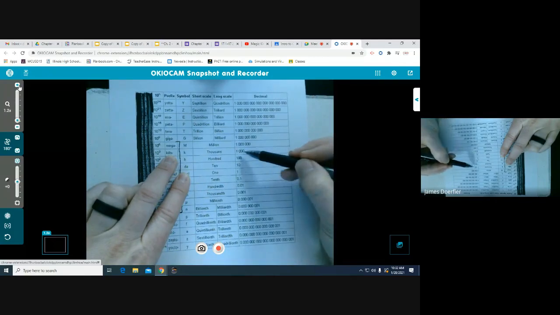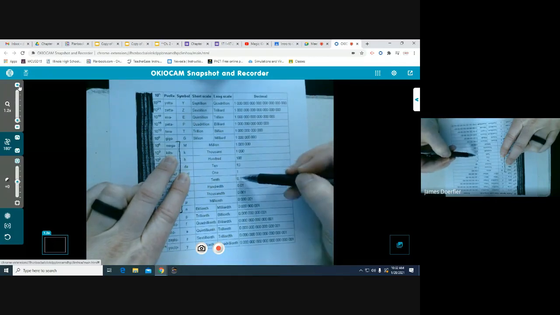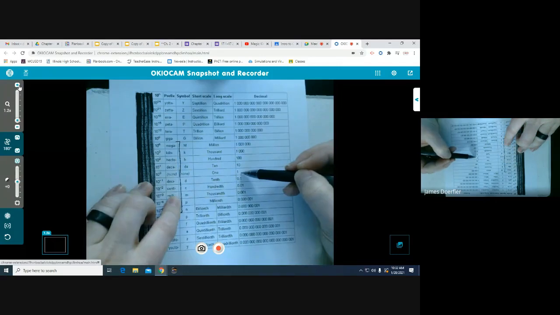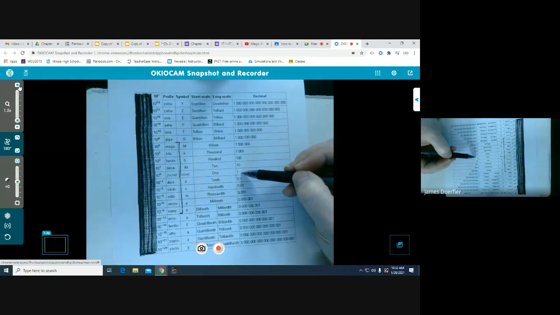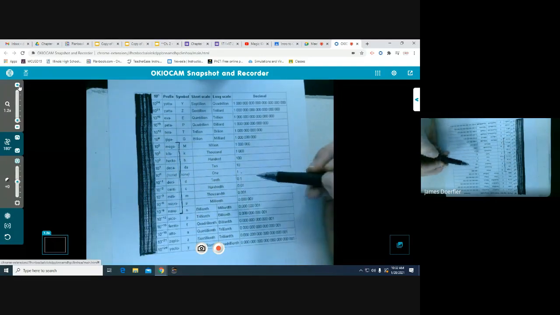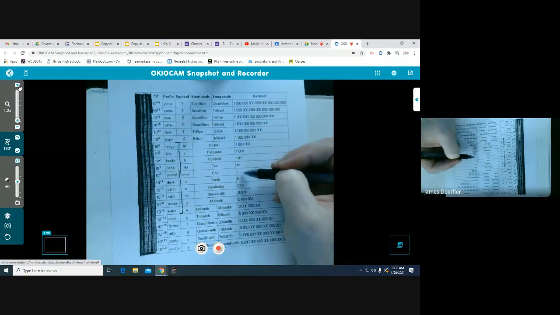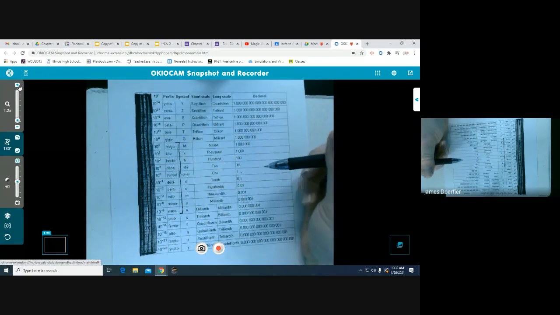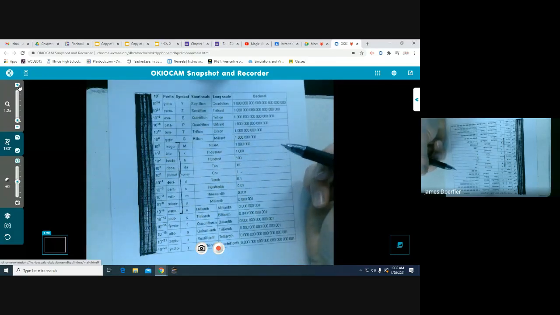Kilo is 1,000 times larger than our base. So for instance, if my base is 1 meter, a kilometer is 1,000 times that 1 meter. So how many meters equals 1 kilometer? 1,000. Exactly. 1,000 meters equals a kilometer.